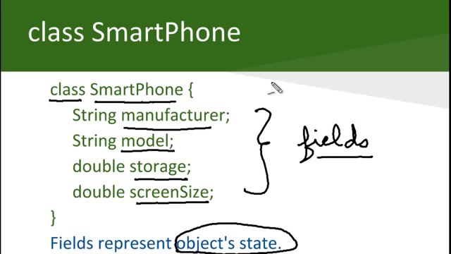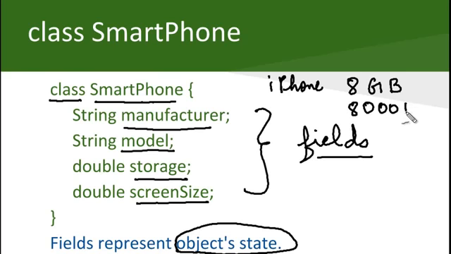For example, an iPhone might have 8 GB of storage, let us say, which is somewhere around 8000 MB. Now on the other hand, a BlackBerry might just have 2 GB of storage.